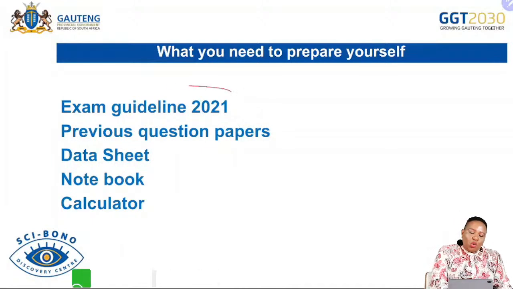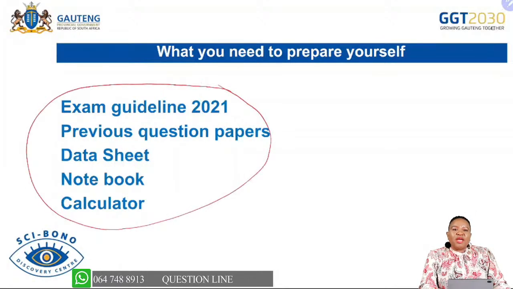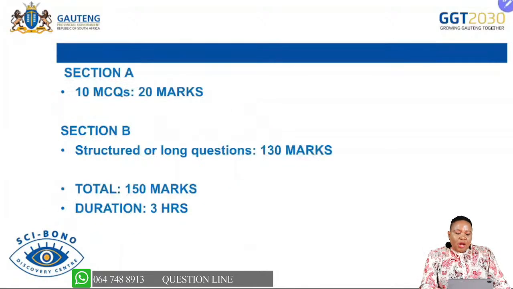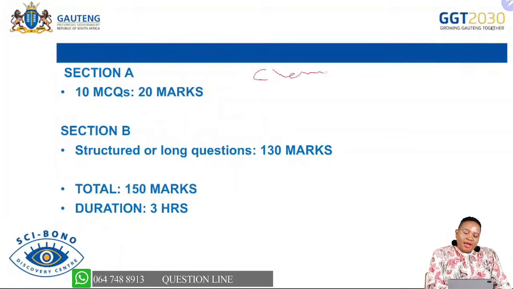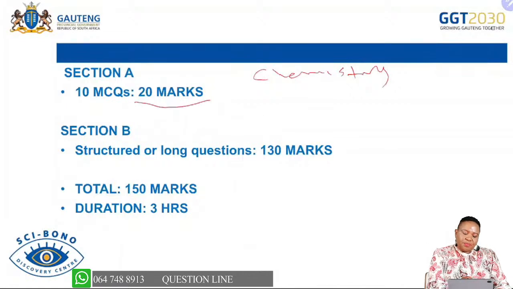So I'm not going to go through these documents again, you already know them, but what I'm saying is make sure that all these documents are there for you to be able to prepare for your prelim exam. The structure of the paper looks like this. Our chemistry paper, just like paper 1, has 10 multiple choice questions, whereby each question is 2 marks, and the total of all the questions is 20 marks.